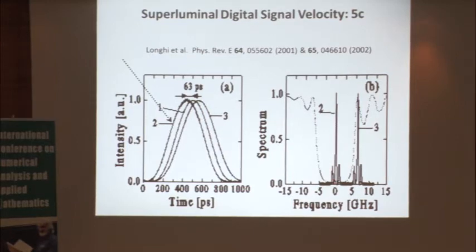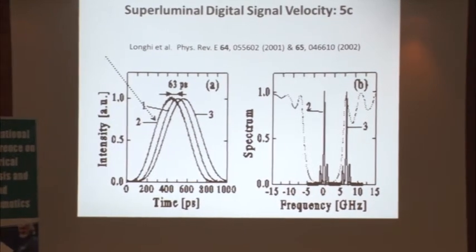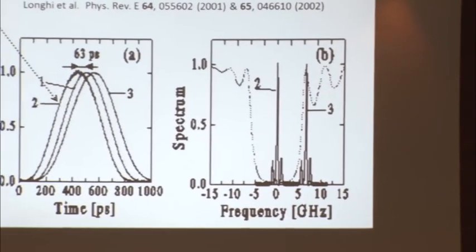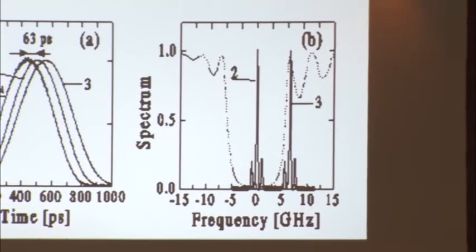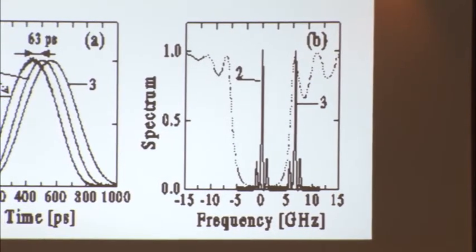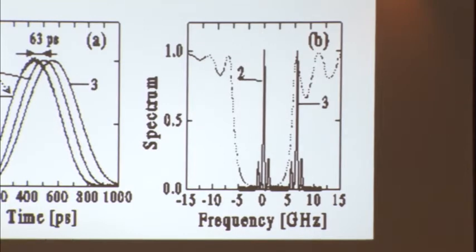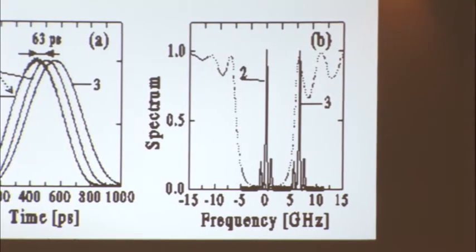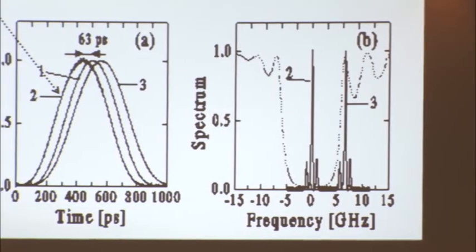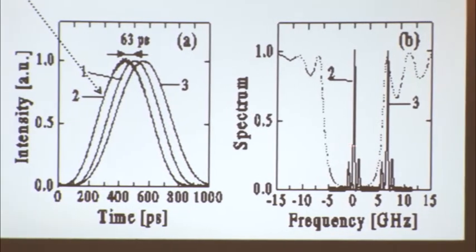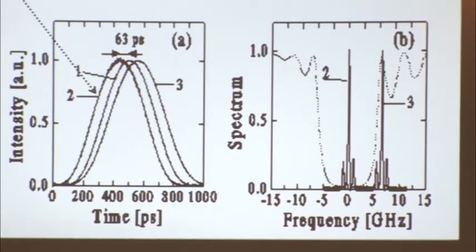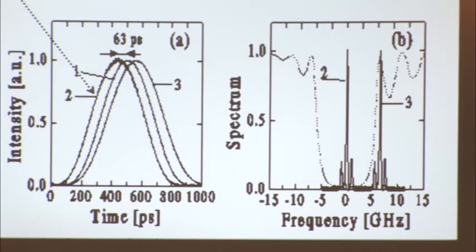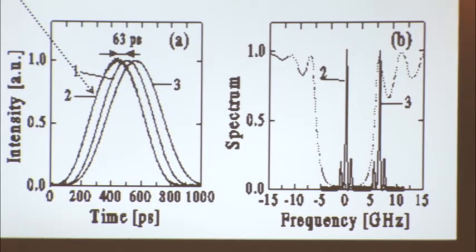You see, it's very narrow. Gigahertz versus 2 times 10 to the 14th, the 1.5 micrometer carrier frequency of the infrared pulse. However, the bandwidth is very small, less than 10⁻⁴.